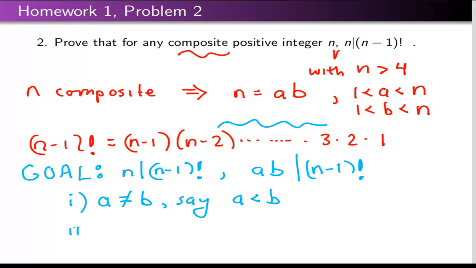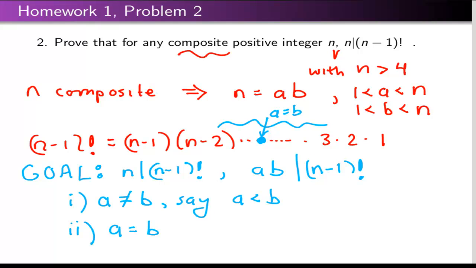In case 2, a equals b. Now, in this case, you're going to have a and b both located at the same point in this product. But we need to get that a squared is a divisor of (n minus 1) factorial.